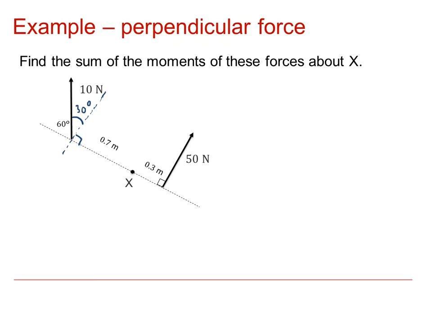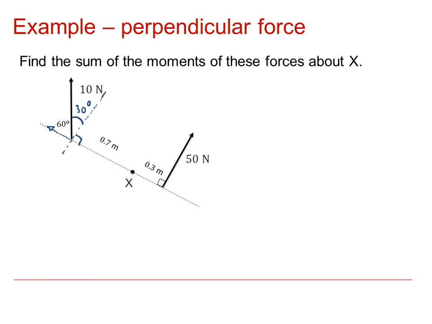Now that component is acting at right angles to the direction towards x. The other component would be acting along the line here. Because the perpendicular distance of that component is 0, it actually goes through x, that provides no turning moment. So it is only the perpendicular component that we need to take.